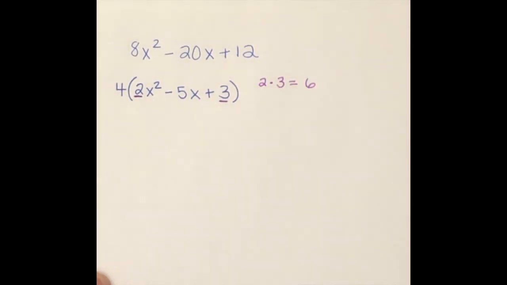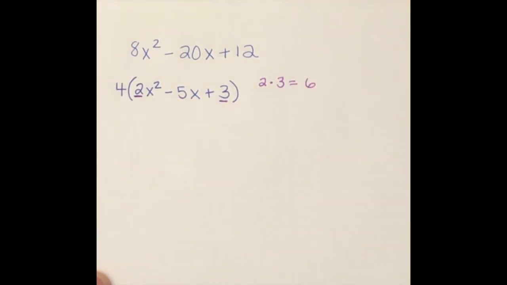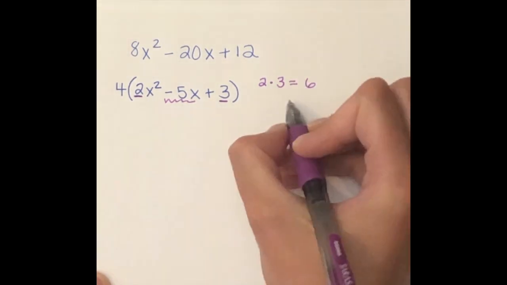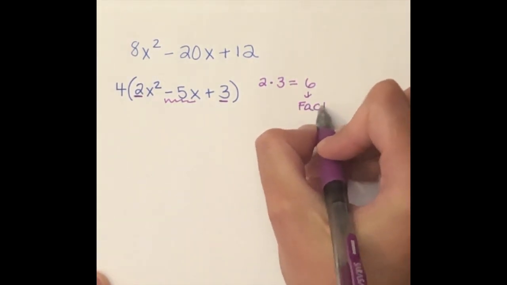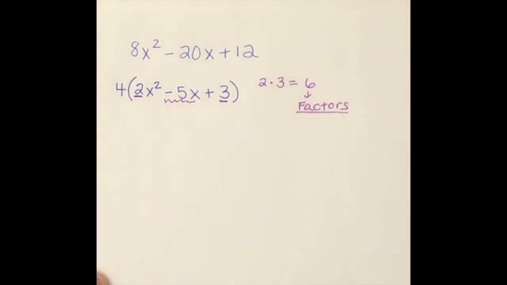So now we need factors of positive 6 that add to negative 5. Let's think about the factors of positive 6. What are they? We have to keep in mind that they have to add to negative 5.